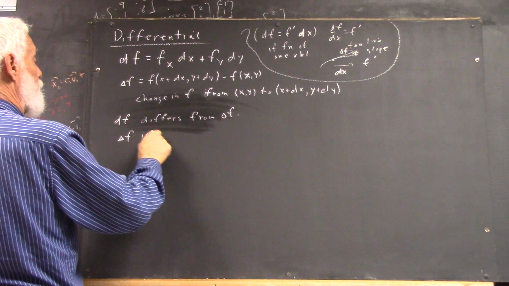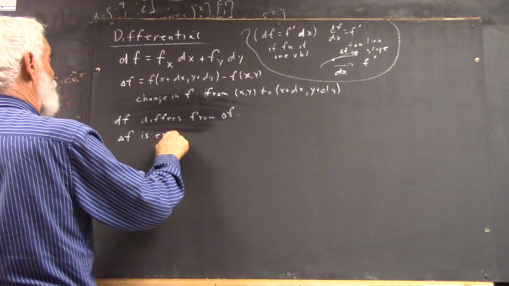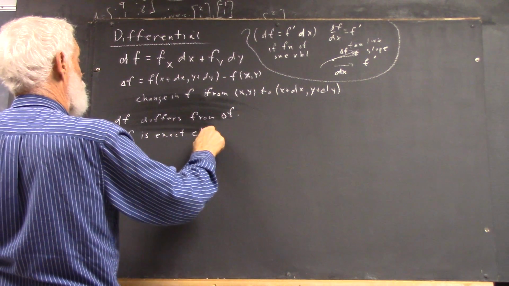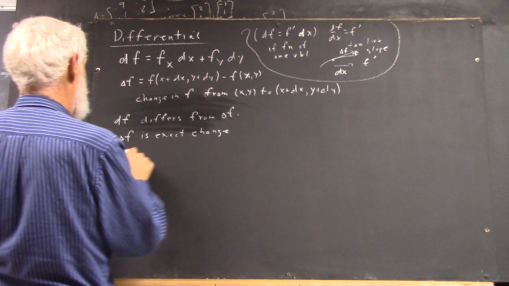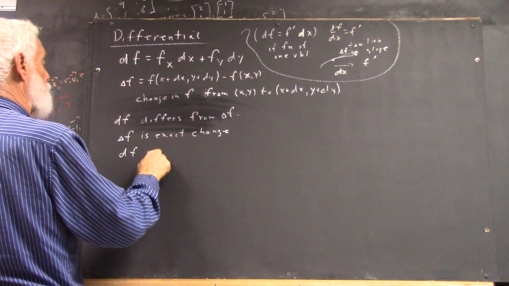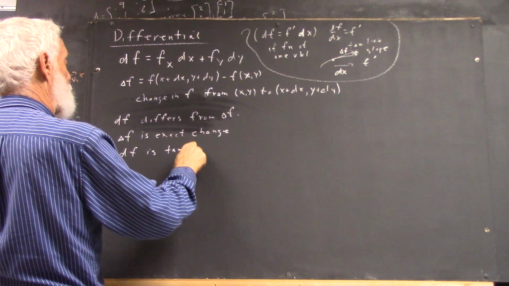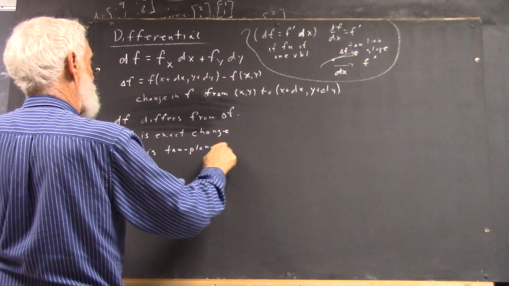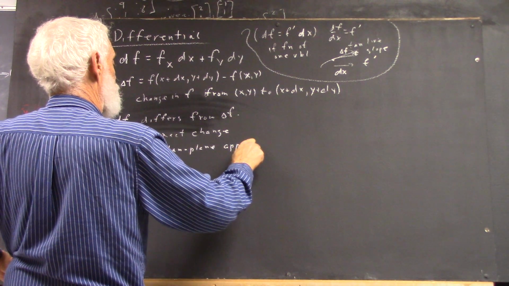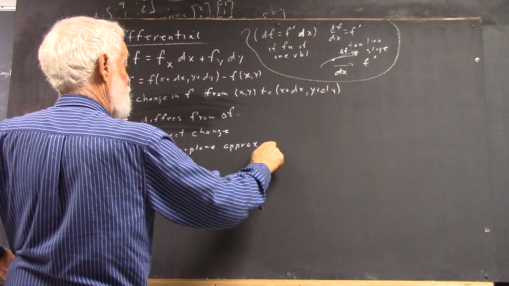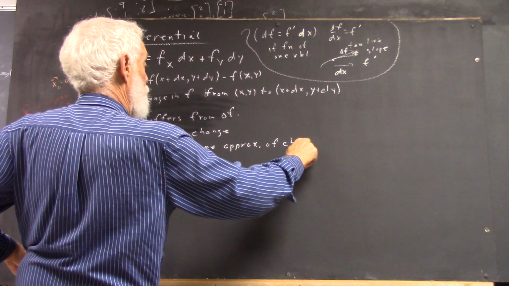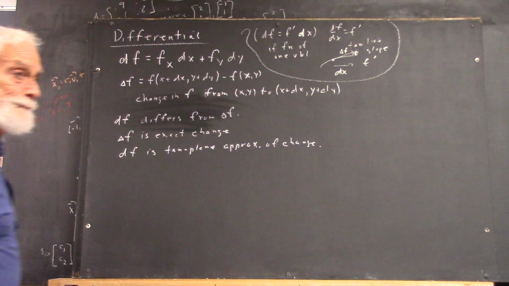Delta f is the exact change. df is the tangent plane approximation of the change.